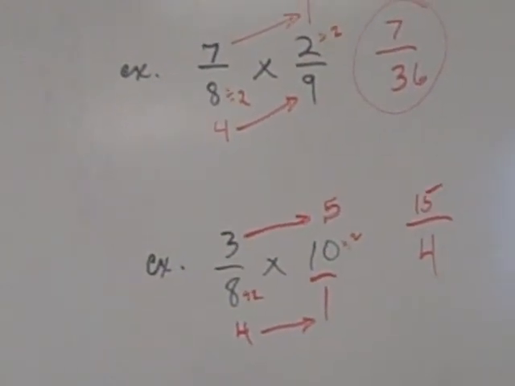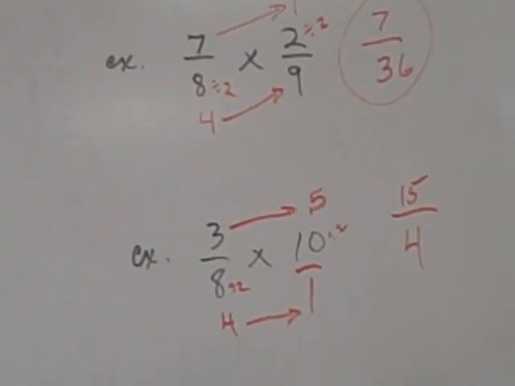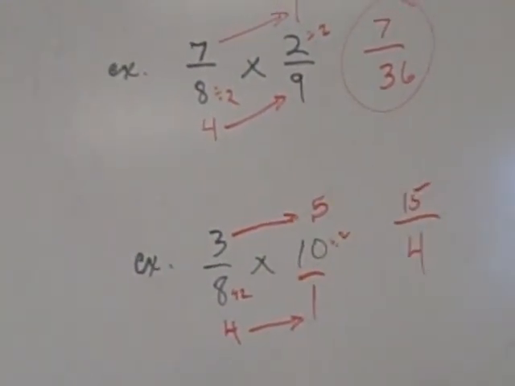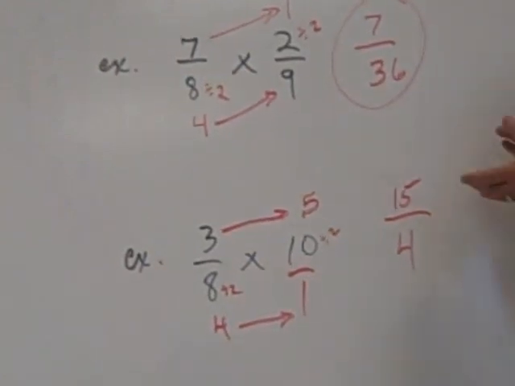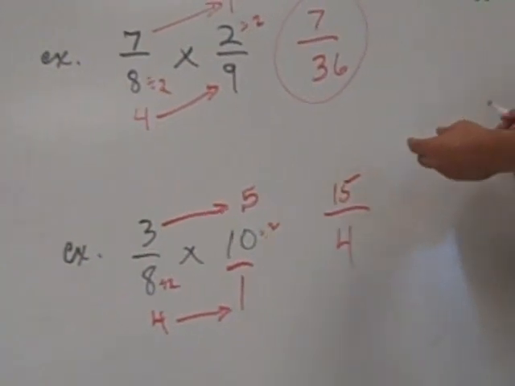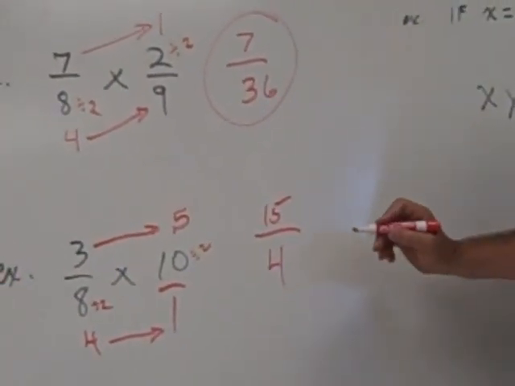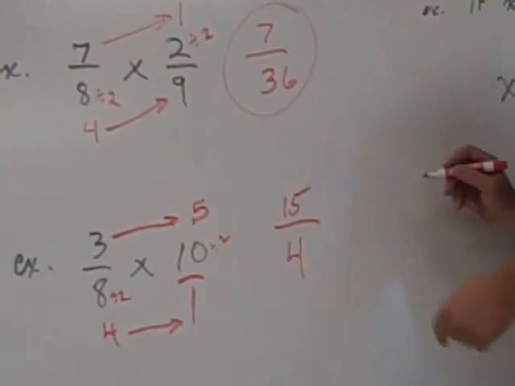Now I'm not circling that. Now Ellie, why am I not circling that as my answer? Improper. It's improper. I never leave a fraction top heavy, improper, right? You have to still simplify. Not divide by, but bottom into top.